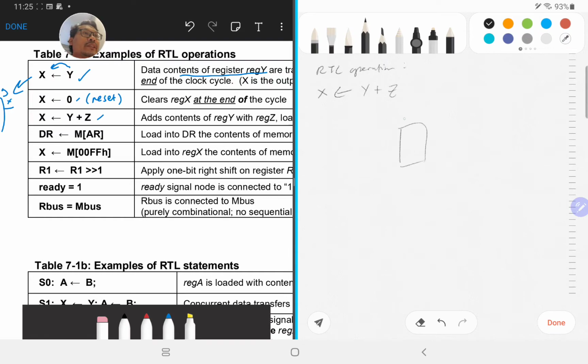So we are going to have the X reg. I'm going to put my X reg like this.